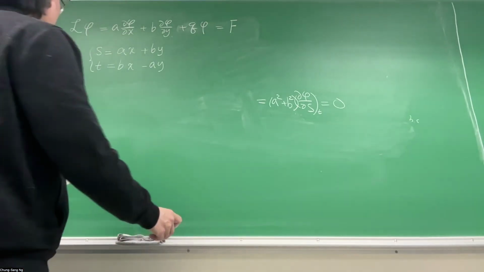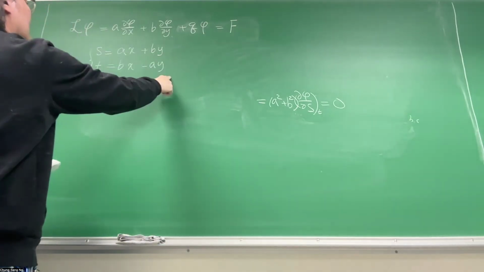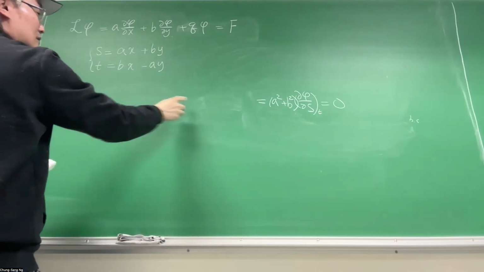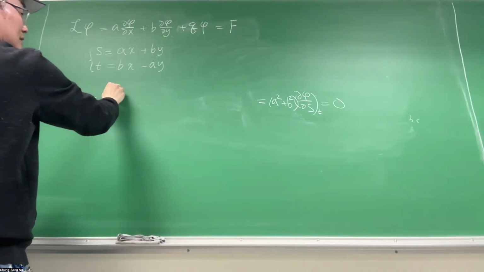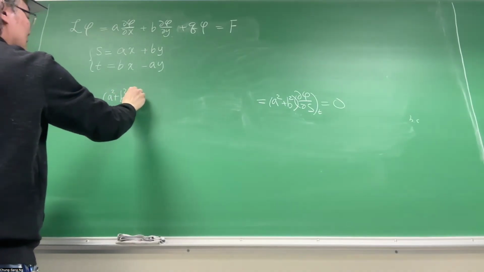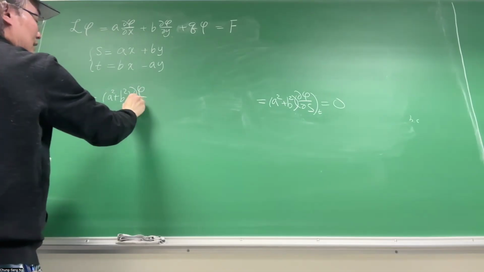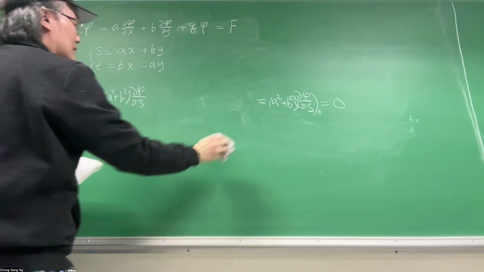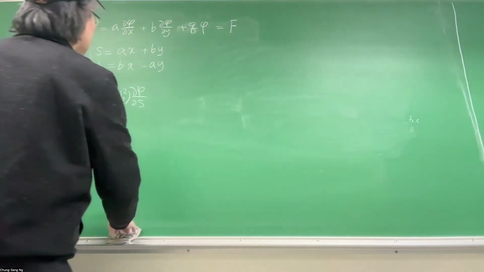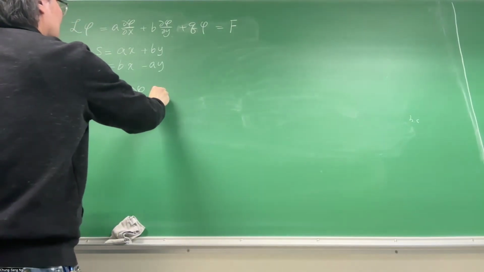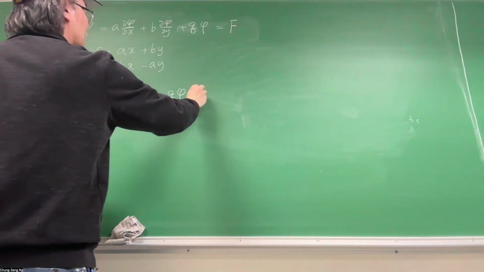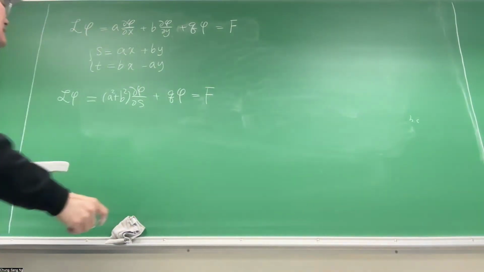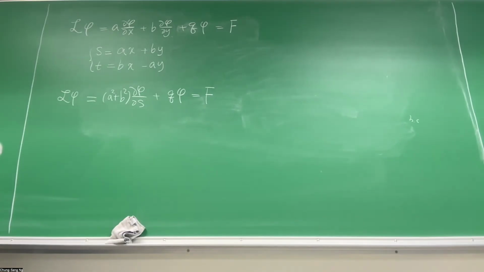And now you do the same transformation. The first 2 terms are still the same, a squared plus b squared, and then you have Q times phi equals F. Now, do you know how to solve this one?